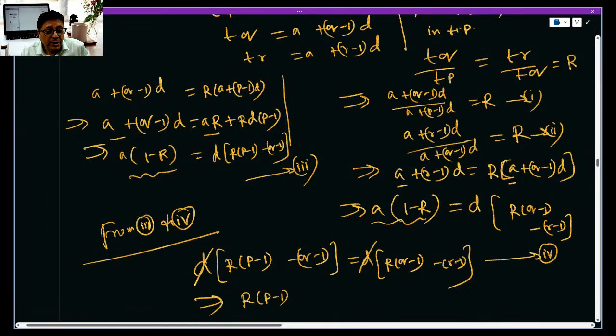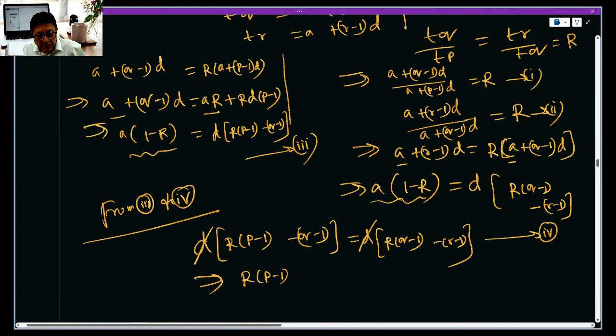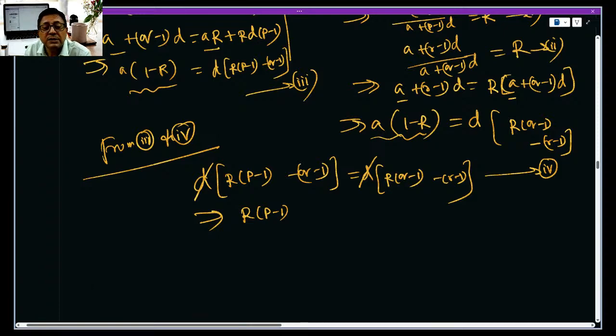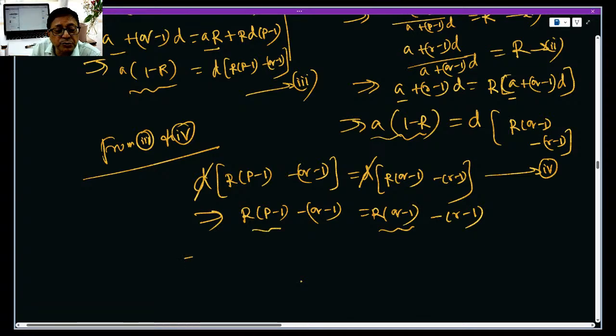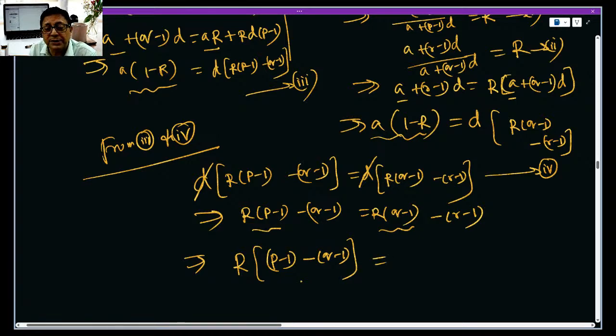It will be R into P minus 1 minus Q minus 1, equals R into Q minus 1 minus R minus 1. This and this you take together on the left hand side. So R into P minus 1 minus Q minus 1, and this you take on the right side. Am I correct? Just take it on the right side.